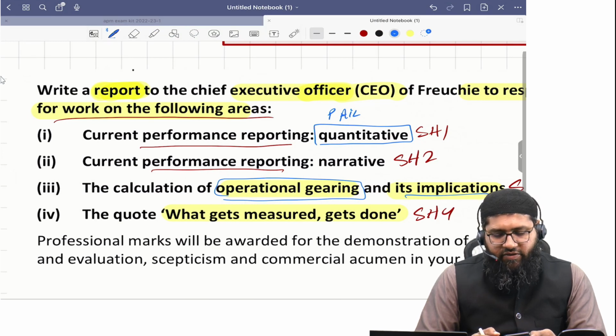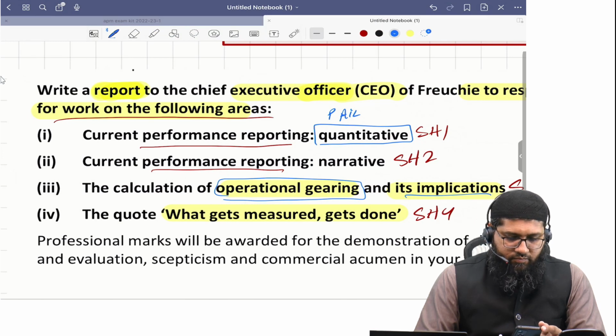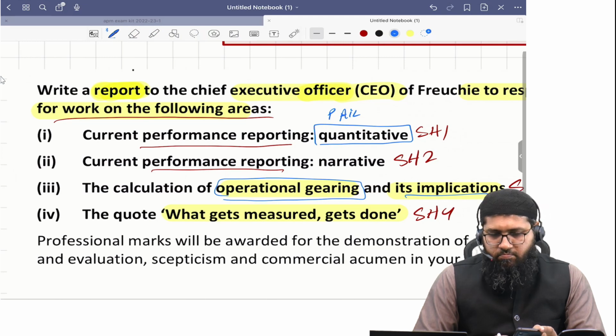What is operational gearing? It's a ratio of fixed cost in comparison to total cost.